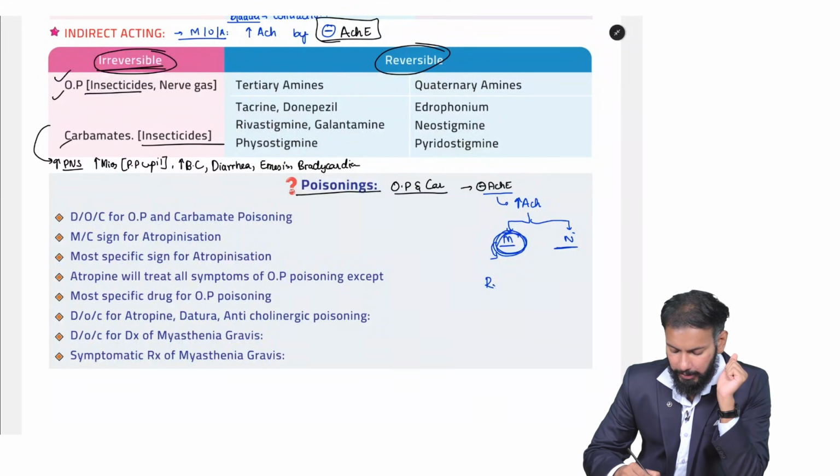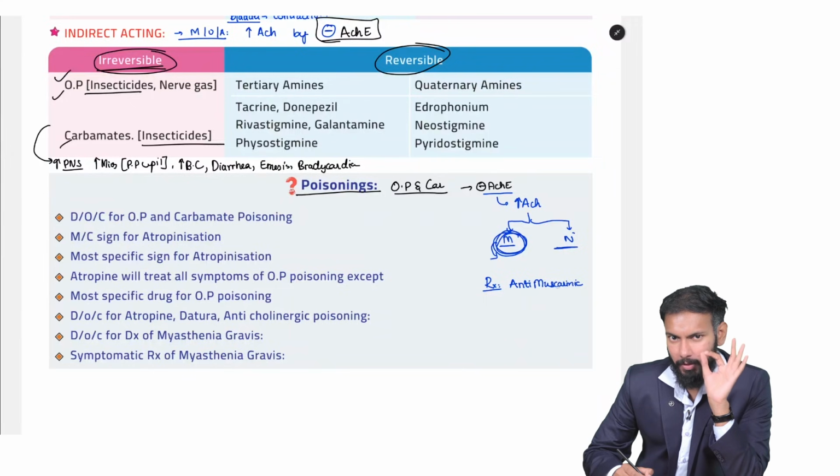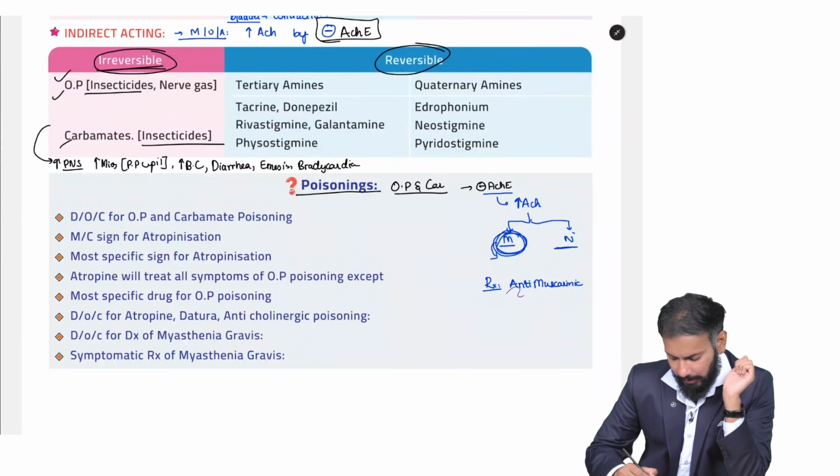So what should be the treatment? We should block the muscarinic receptor. So it is an anti-muscarinic drug. So what is the drug of choice? Please try to remember this one drug in anti-muscarinic drugs. This is very, very important. It has been asked in the exams so many times. Atropine.